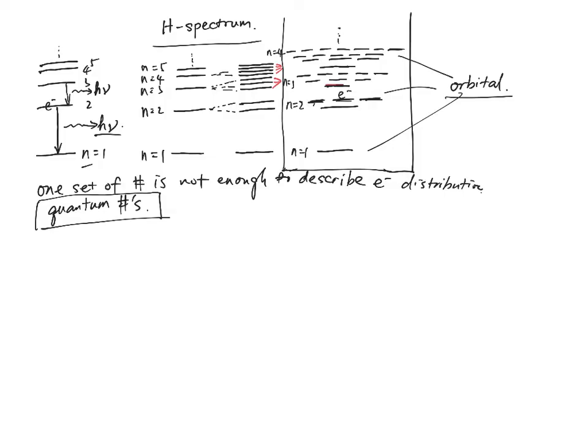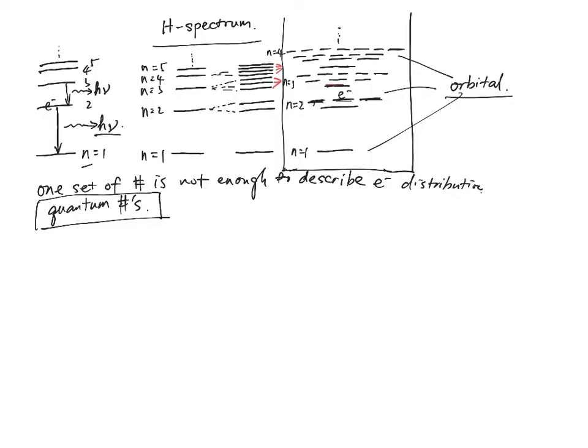And there are altogether now four sets of quantum numbers that we use to describe electrons within a given atom.